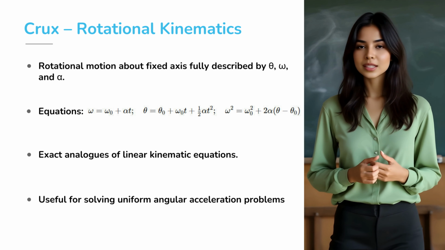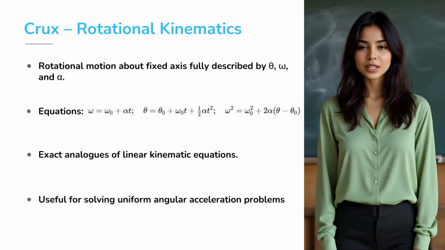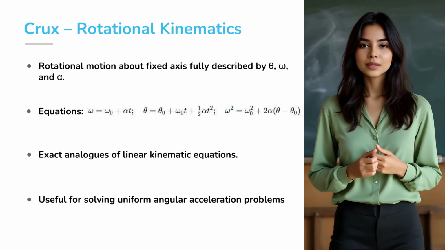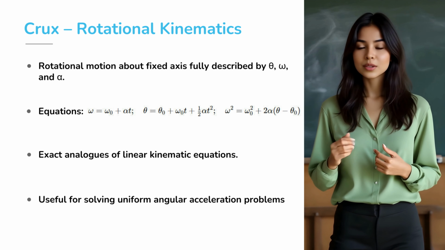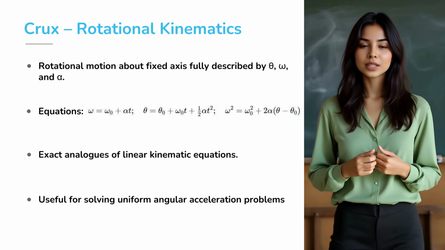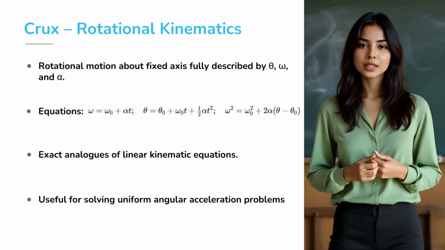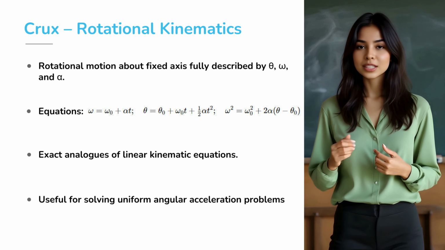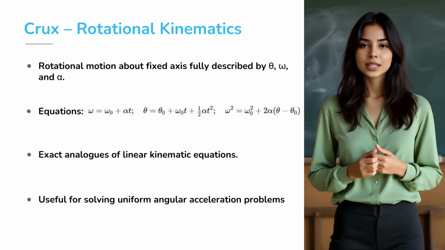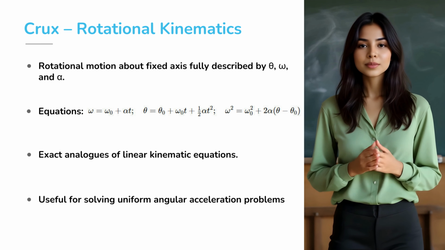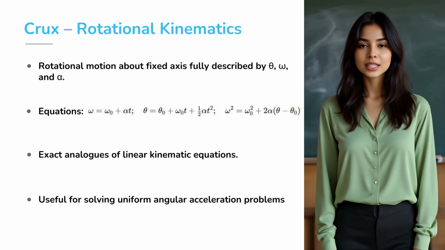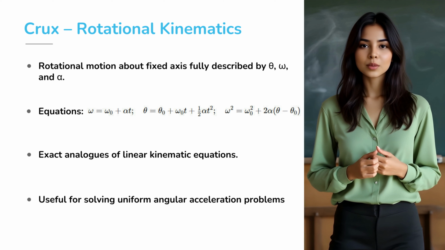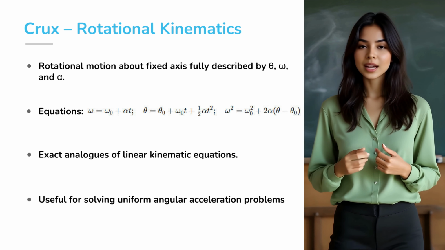With constant angular acceleration, the three equations omega equals omega naught plus alpha t, theta equals theta naught plus omega naught t plus half alpha t squared, and omega squared equals omega naught squared plus 2 alpha times open bracket theta minus theta naught close bracket fully describe the motion. These equations make it easy to analyze fans, wheels, gears, and motors wherever rotation about a fixed axis occurs.